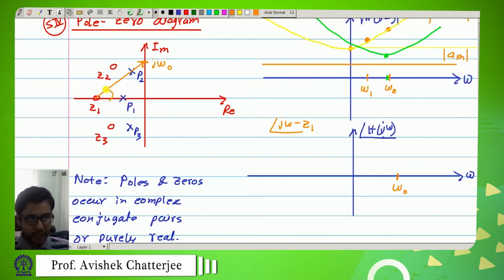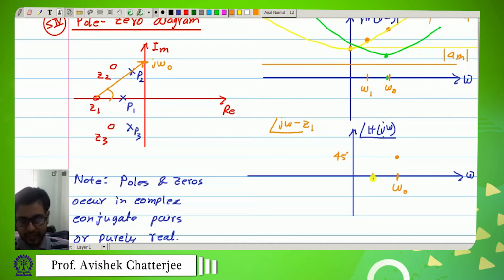So in this case you can see the angle is around 45 degree, so you can plot here that point, 45 degree. Then you have to do the same thing for different values of omega.